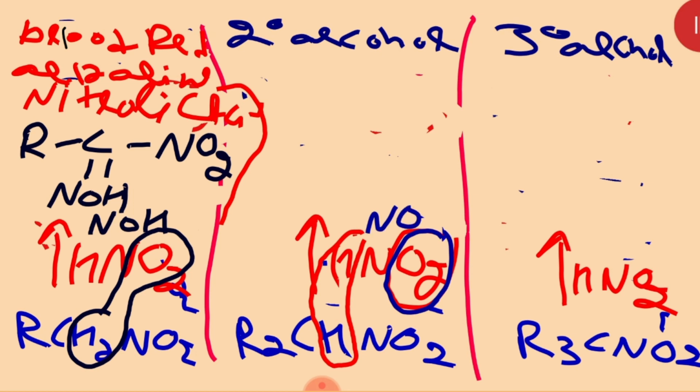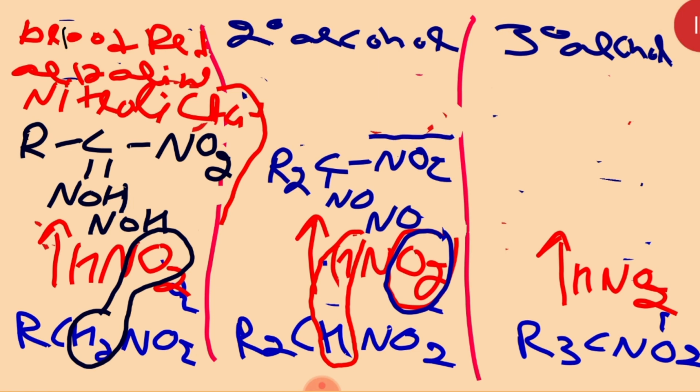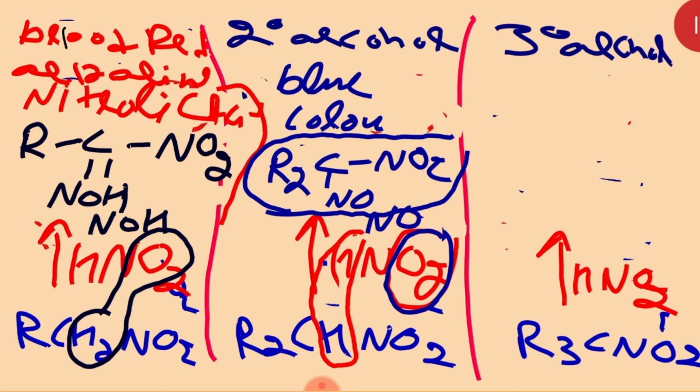Then the product will be R2CNO2 along with that NO. And this is called pseudonitrile. It has a blue color with the alkali.